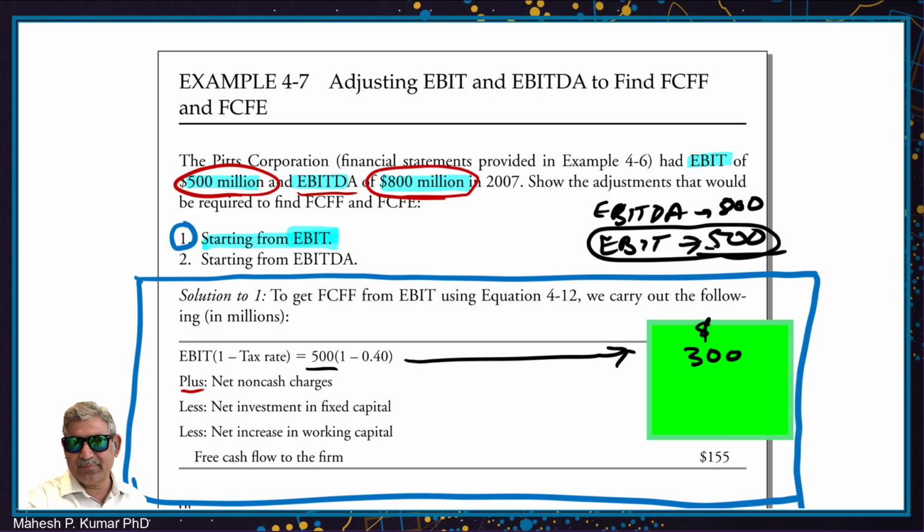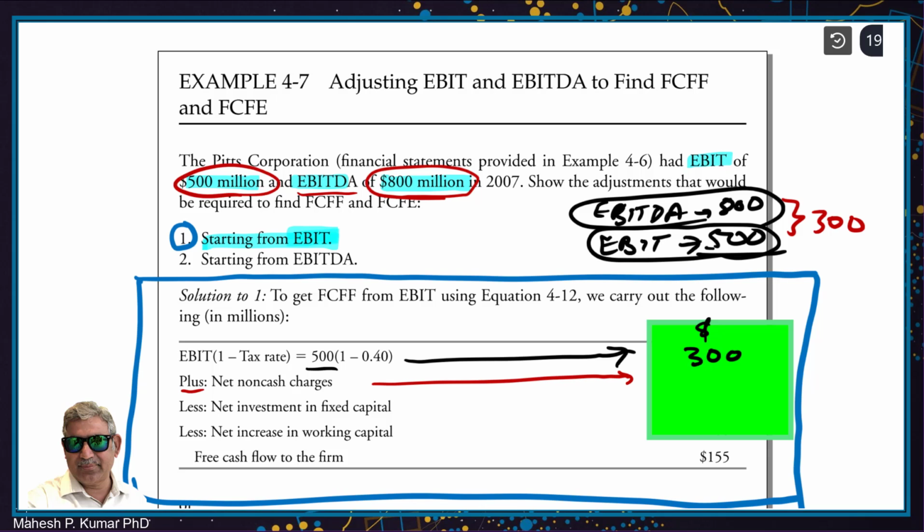EBIT is earnings before interest and tax, so depreciation has already been deducted, but EBITDA is earnings before interest, tax, depreciation and amortization, so 800 is the earning when depreciation has not been deducted. So in a nutshell, $300 million would be the depreciation. Assuming that this is the only non-cash charge, it is added back here, $300 million.